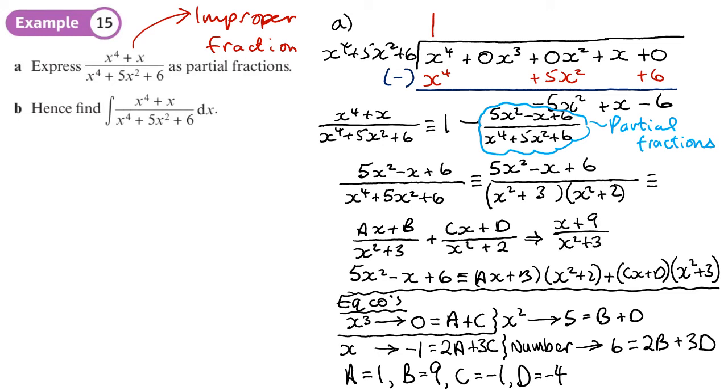And then since I've got a -1 and a -4, I'll put the negative at the front and write them as pluses. So I will get x plus 4, seeing that c and d were both negatives, over x squared plus 2.